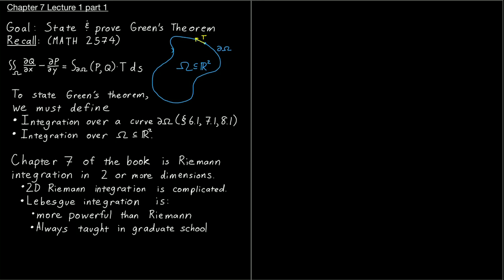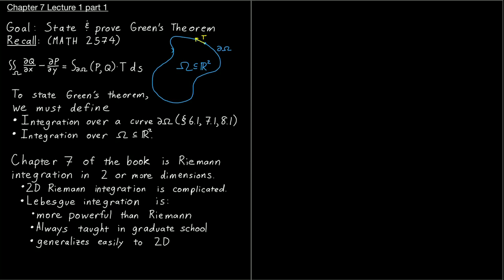And 2-dimensional Riemann integration is enough of a pain that I just don't want to do it if we can avoid it. And Lebesgue integration generalizes easily to higher dimensions. Riemann integration is simple in 1 dimension, complicated in 2 or more dimensions. Lebesgue integration is already pretty complicated in 1 dimension, but it gets only a little bit more complicated in 2 or more dimensions.